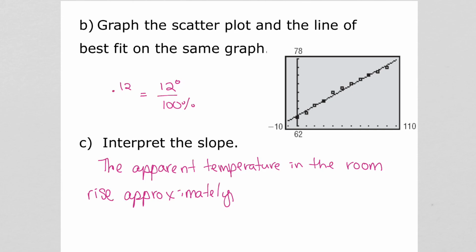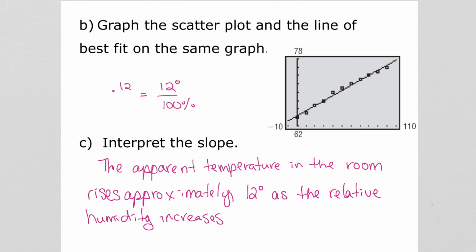So the temperature in the room rises approximately 12 degrees as the relative humidity increases by 100%.